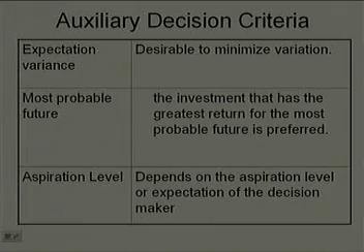This also we will try to see through an example, and then finally we will see the aspiration level, which will depend on the aspiration level of the decision maker. One example of aspiration level we have seen just now in the previous problem.